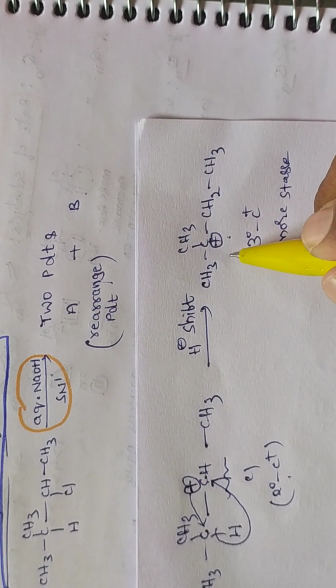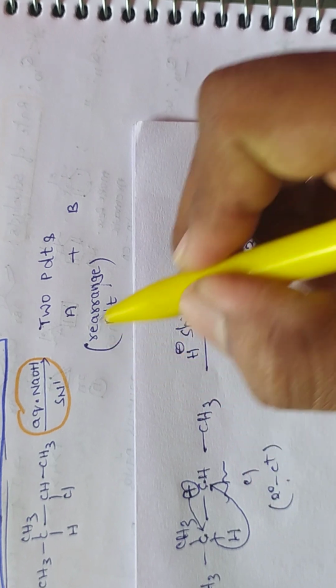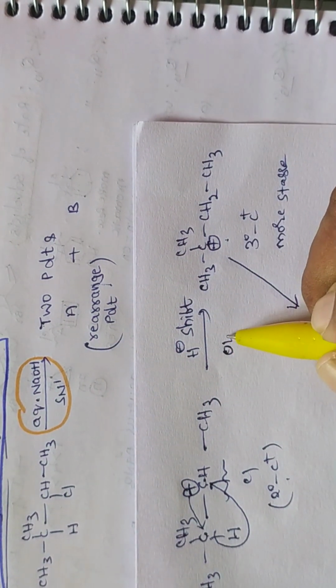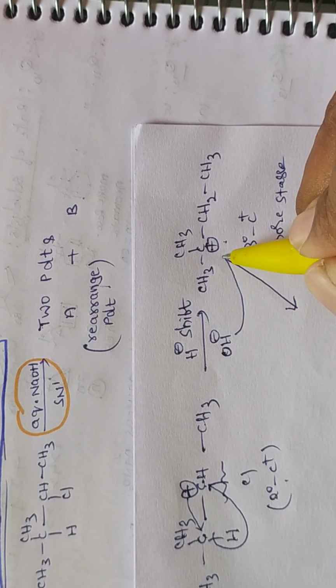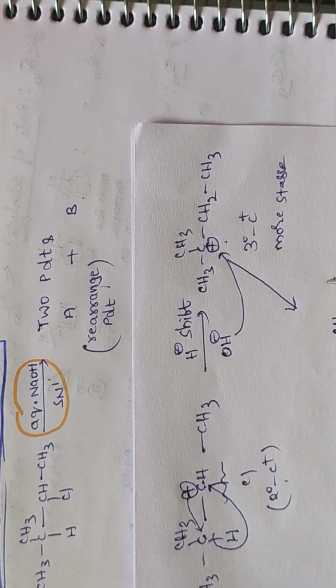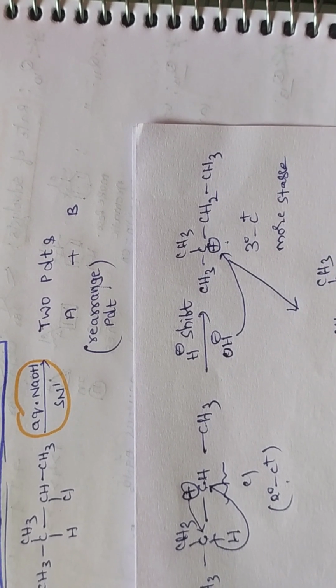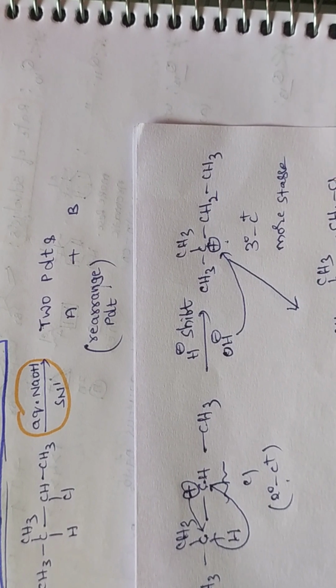So now after that, the attack of the nucleophile. Here they have given aqueous NaOH. In aqueous NaOH, OH minus is the nucleophile. That nucleophile is attacking this carbocation. Then we are going to get the rearranged product. This is called the rearranged product.